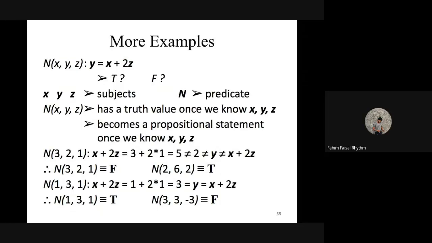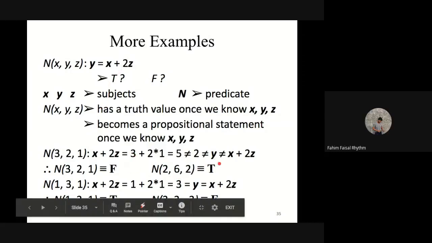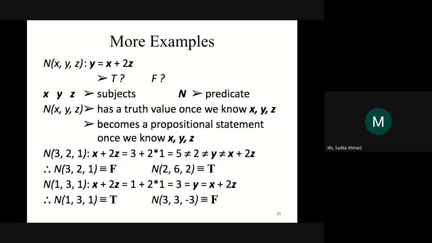True. Yes, I think it's true. Okay. Why do you think it's true? Because there will be some values for which this is true. Don't we have examples already here for which this is true? Yes, miss. Sure, there are other examples for which this statement is false. However, for existential quantification, what do we need?